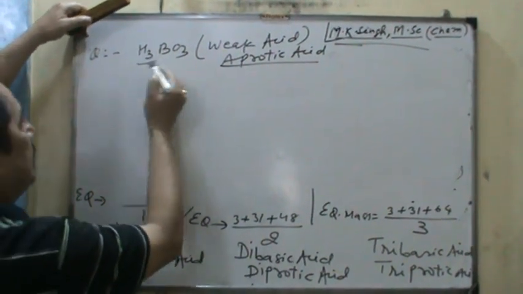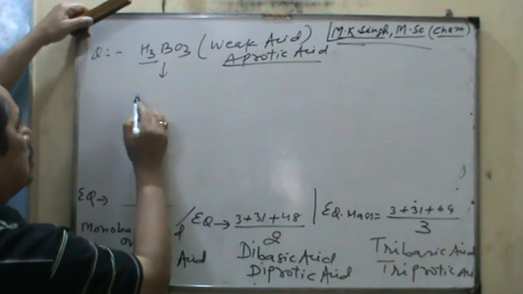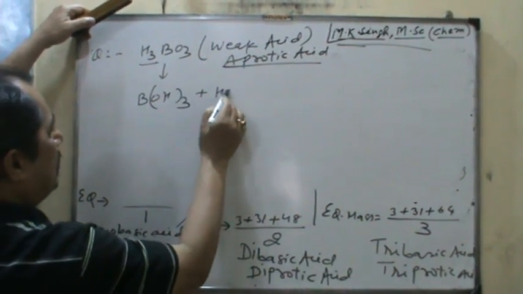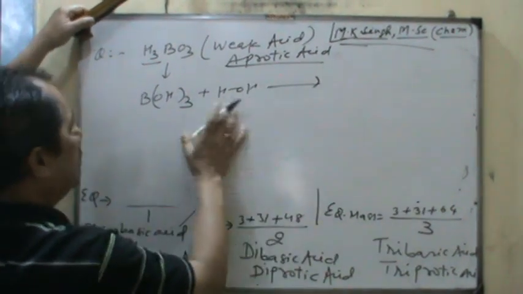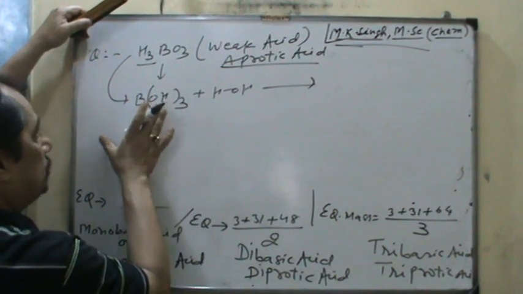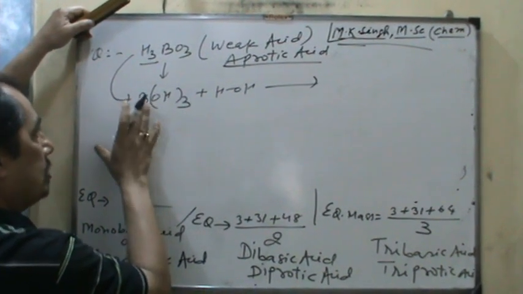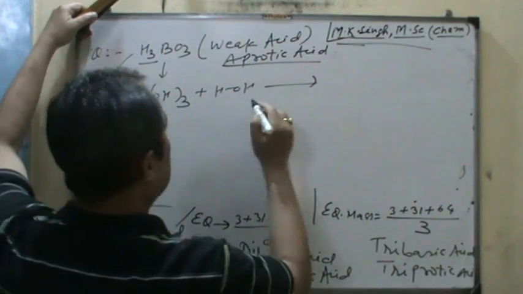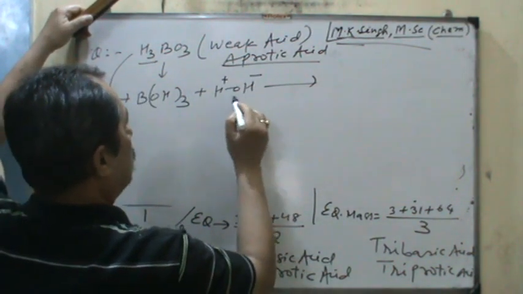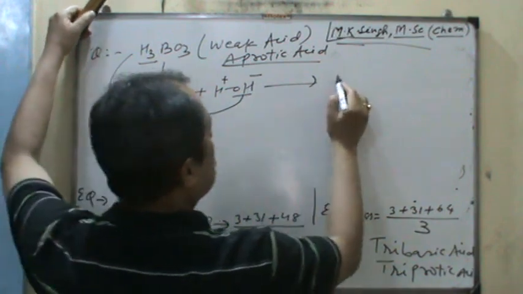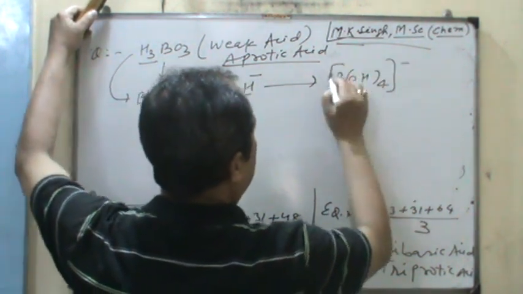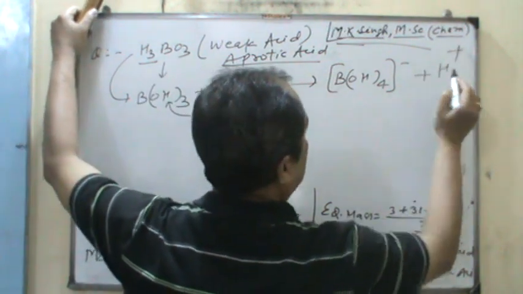So if I write this structure, it can only furnish the hydrogen whenever it is dissolved in water. So H3BO3 can be written like this, because its actual structure is in this way. Boron is the central atom. So here, this is the H positive and OH negative. So this OH will be linked here. So B(OH)4 negative plus H positive.